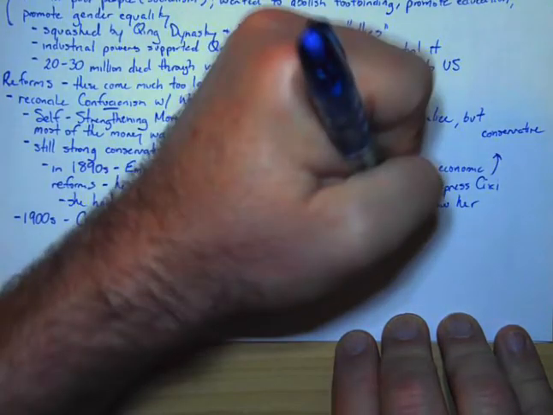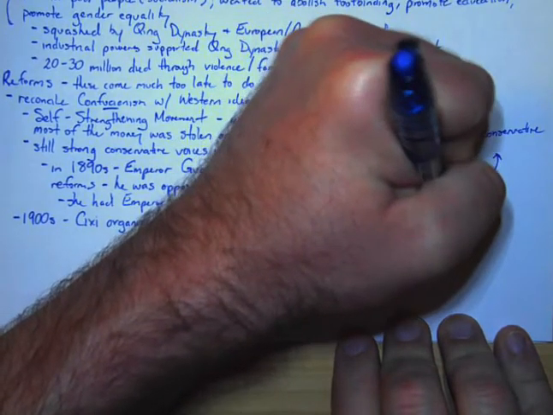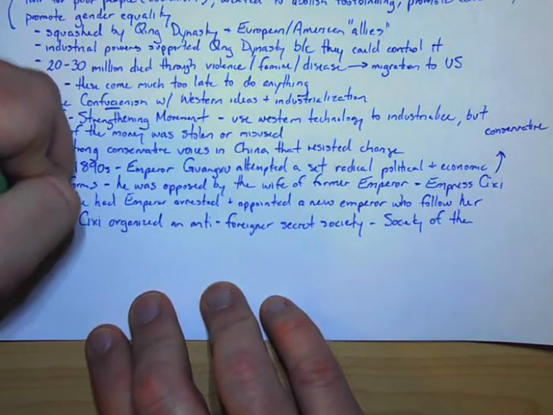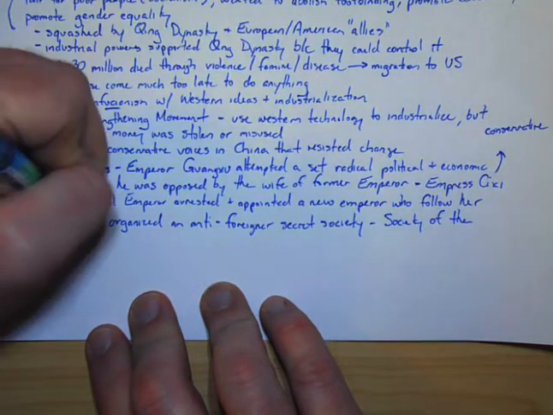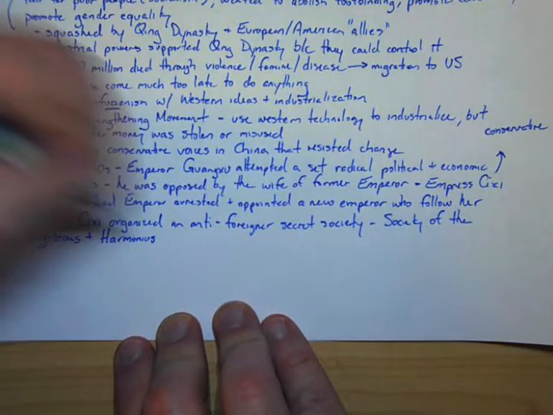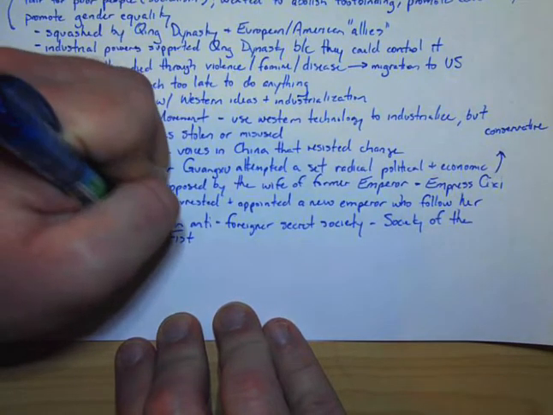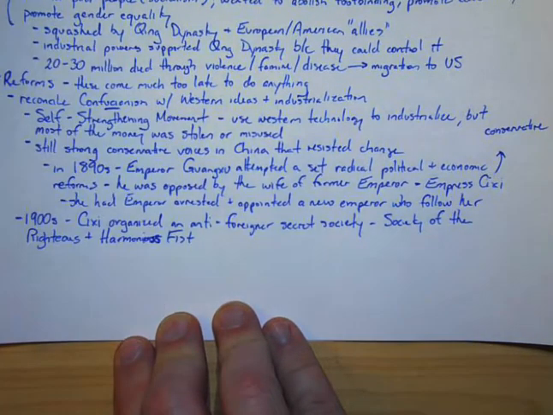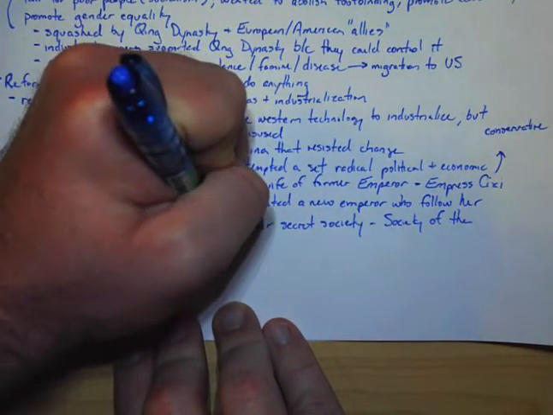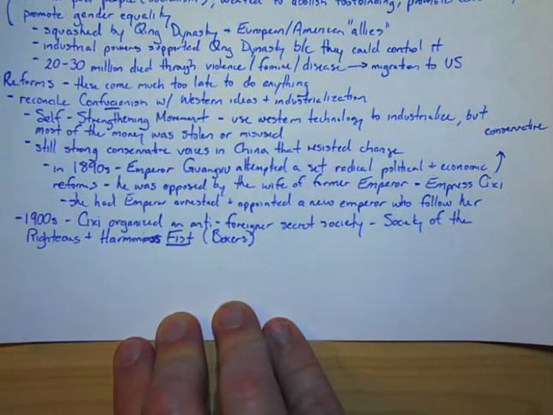And it was called the Society of the Righteous and Harmonious Fist. The Europeans called these guys boxers, because of the fists.